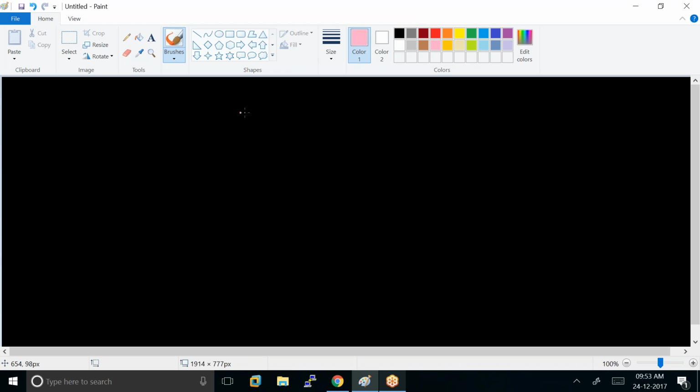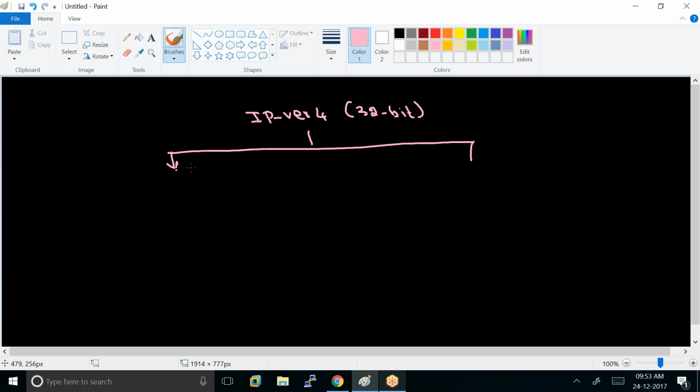In terms of IP version 4, it is a 32-bit addressing scheme. It has been divided into classful and classless schemes, as we have discussed. Under the classful IP addressing scheme, there are 5 classes: class A, class B, class C, class D, and class E. And we have a classless IP scheme.